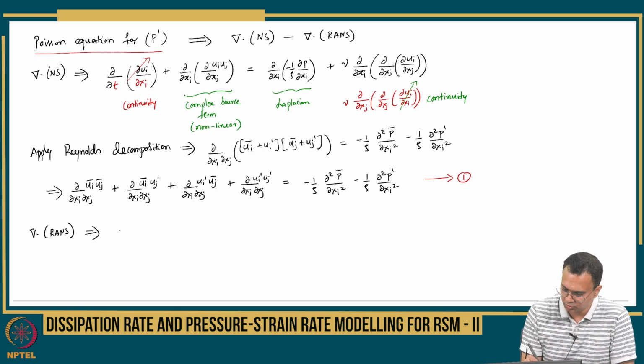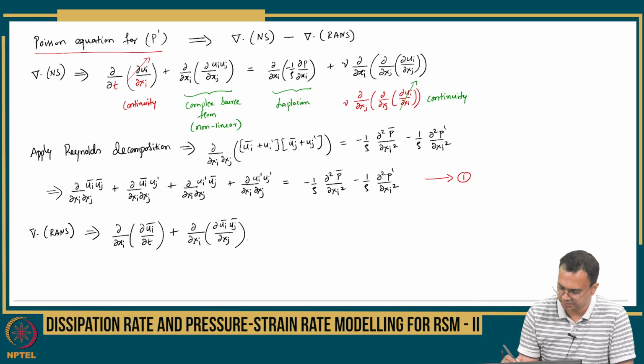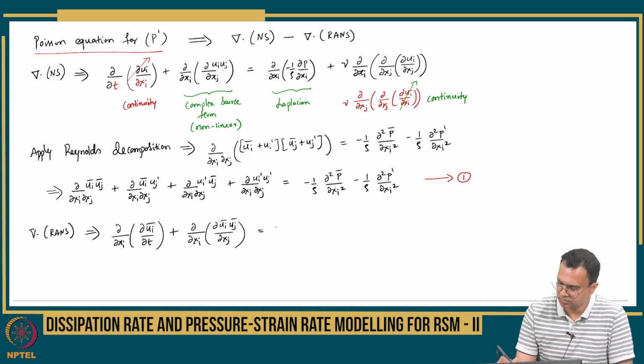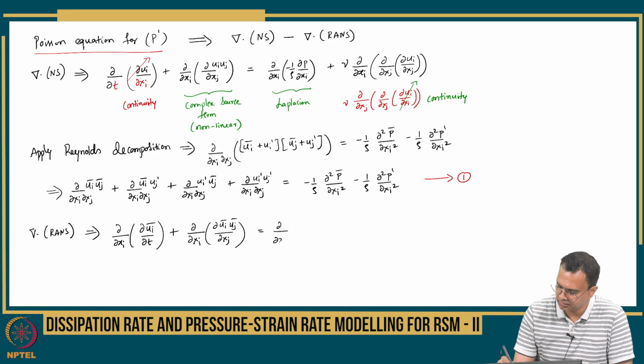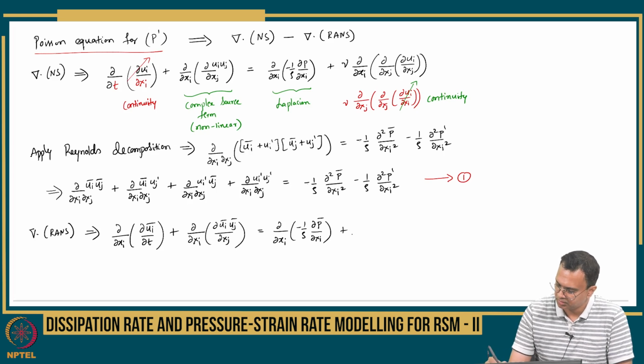So again I would get dou by dou xi of dou ui bar by dou t plus dou by dou xi of dou ui bar uj bar by dou xj, equal to the right hand part, which is dou by dou xi of minus 1 by rho dou p bar by dou xi plus I have the 2 stress terms here, one is the viscous, one is the turbulent stress term.